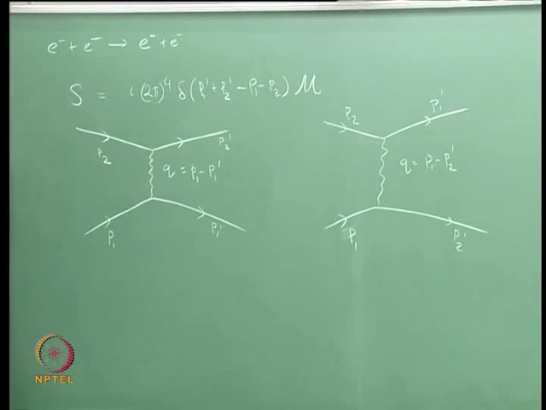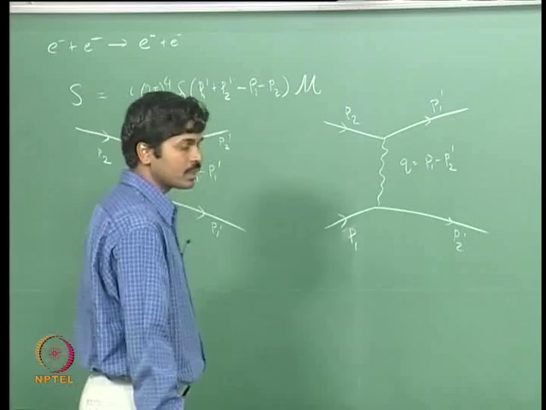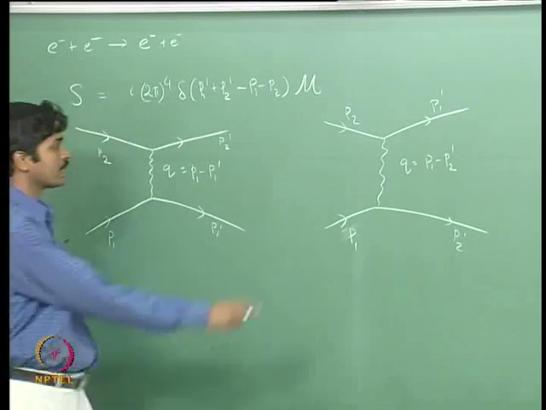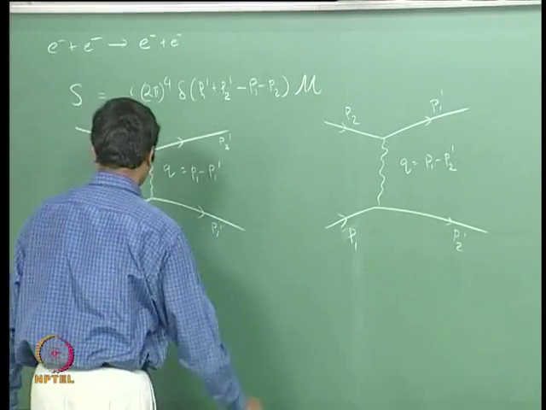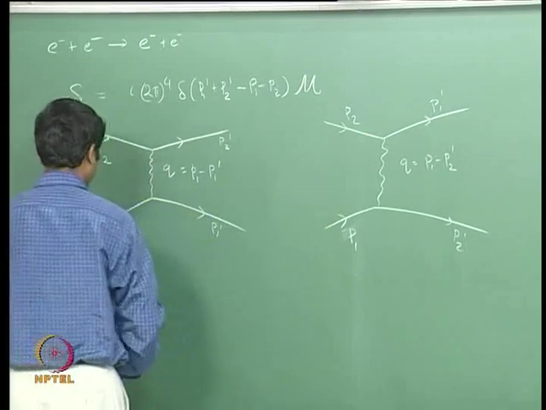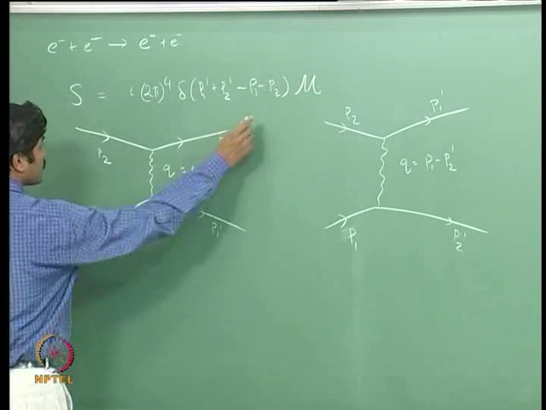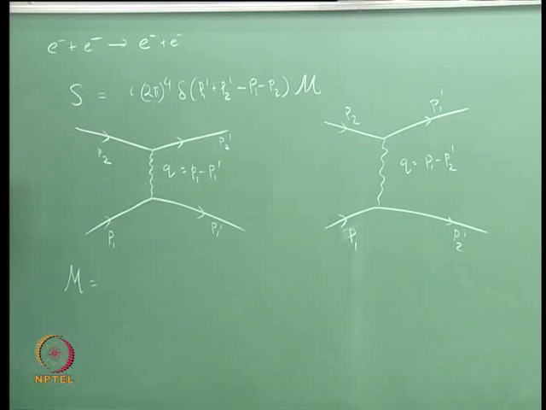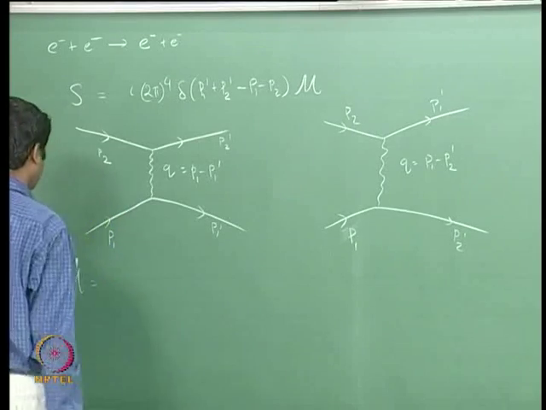We can use the Feynman rules to write down the amplitudes for these two processes, and then we will add the amplitudes, keeping in mind that there is a relative minus sign we have to use because of the exchange interaction. So, the Feynman amplitude for this process ultimately is given by, here I will start from this one.